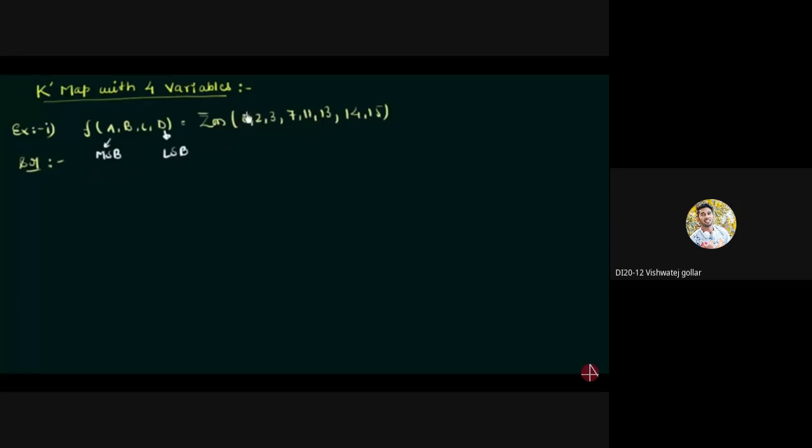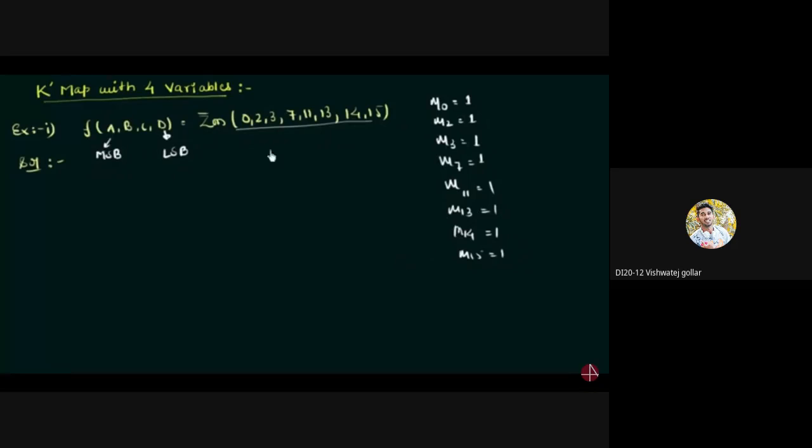Let me write it in a different way. M0 is 1, M2 is 1, M3 is also 1, M7 is 1, M11, M13, M14 and M15 are all 1.